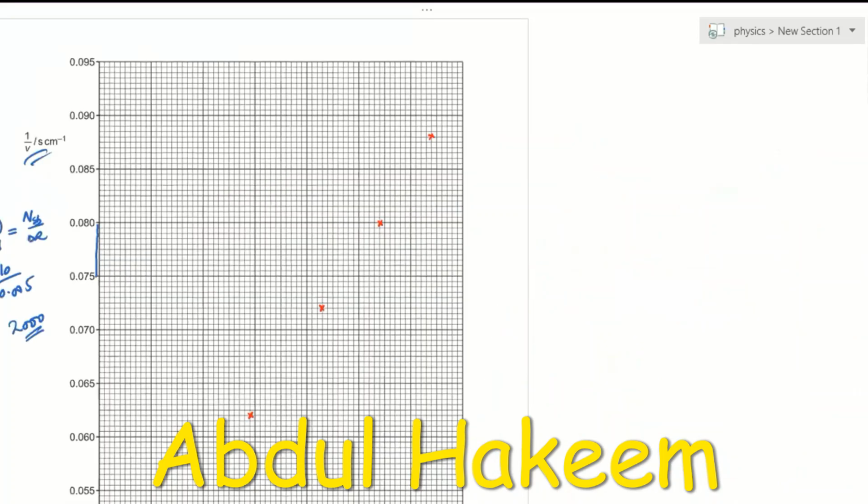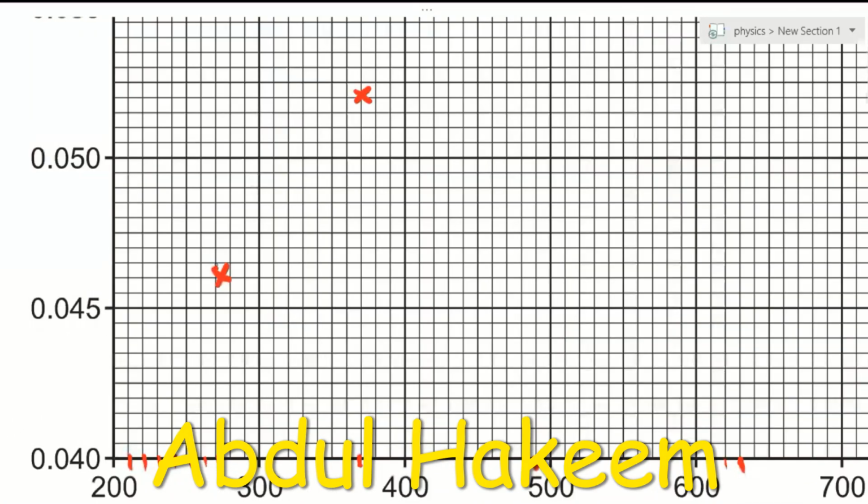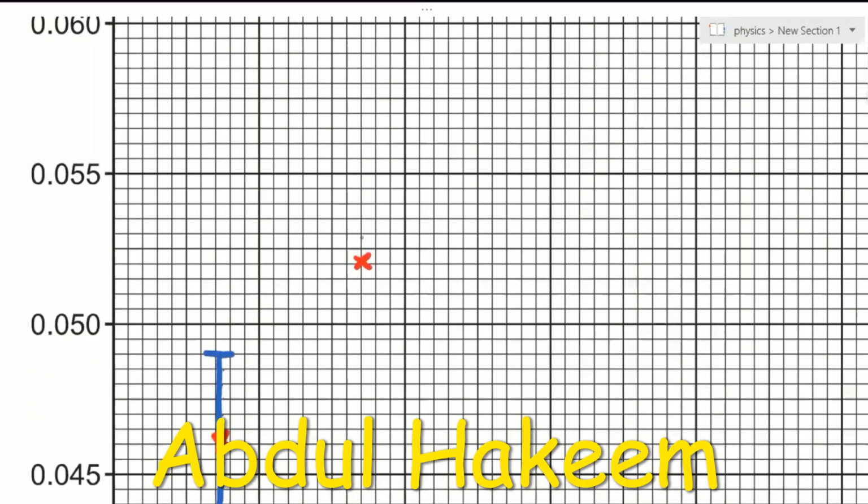So we draw the error bars, 6 boxes up and 6 boxes down. So 1, 2, 3, 4, 5, and 6. So this is the bar, this side. Similarly, 1, 2, 3, 4, 5, and 6. So this is the bar. So block the line. So this is the error bar, first point. Now similarly, 6 for the next.